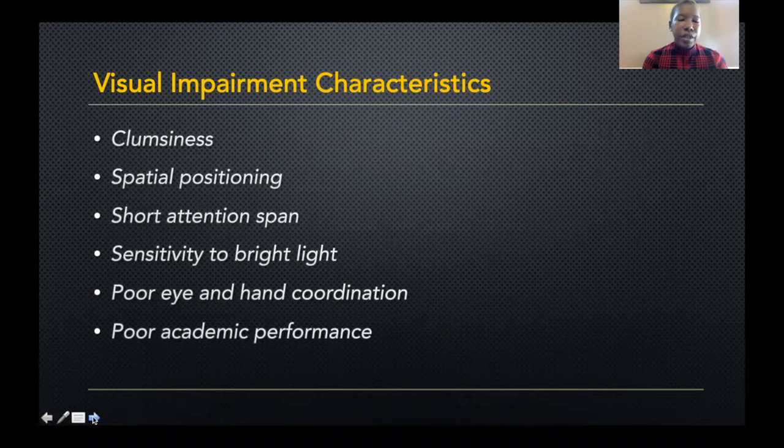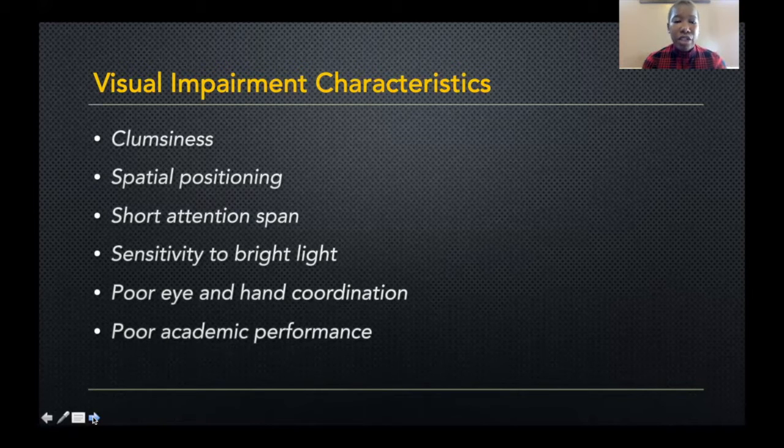Some of the characteristics that students who have a visual impairment may exhibit include clumsiness. So you might find that the student is a little bit clumsier than the average student, tripping and falling over things at different times throughout the day. Spatial positioning may be off.